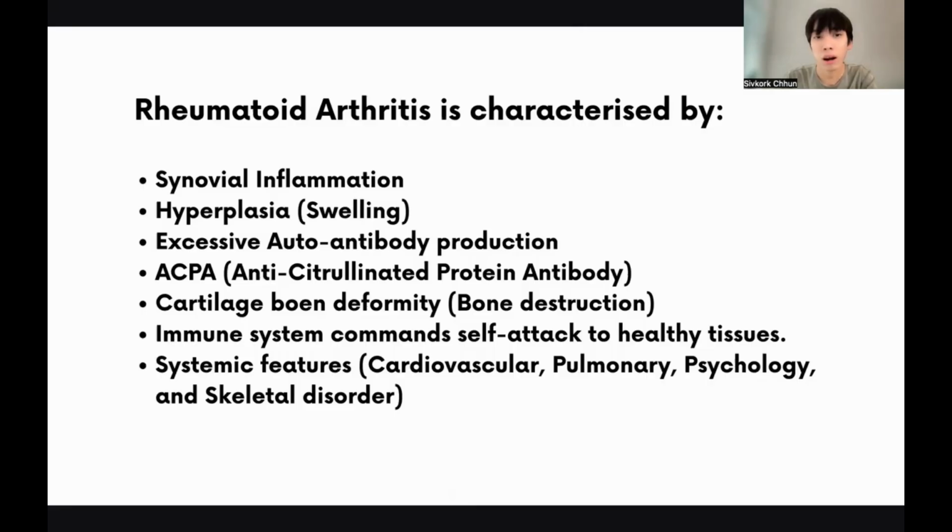Catabolic bone deformity, where we can observe bone destruction. Systemic features link it to cardiovascular, pulmonary, psychological, and skeletal disorders. And because it's a systemic autoimmune disease, it sabotages its own healthy tissues, simply affects the joint, and triggers an inflammatory response and swelling.